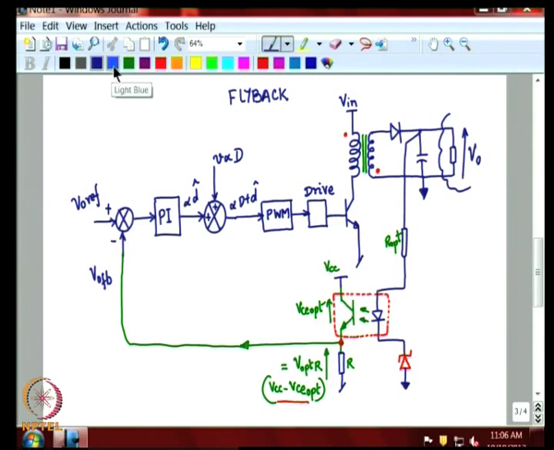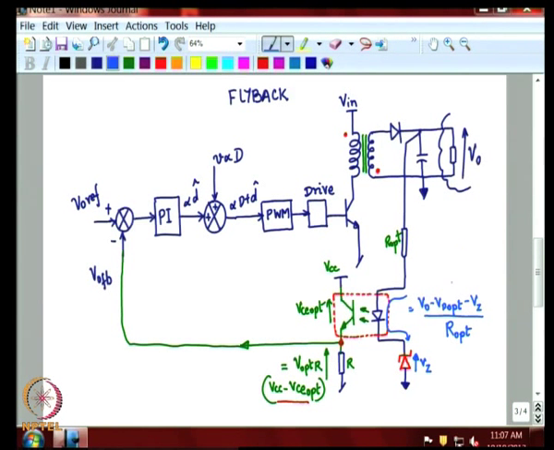Now, the current that flows through this opto would be equal to V naught minus V d opt minus V z, if this is V z, divided by R opt.